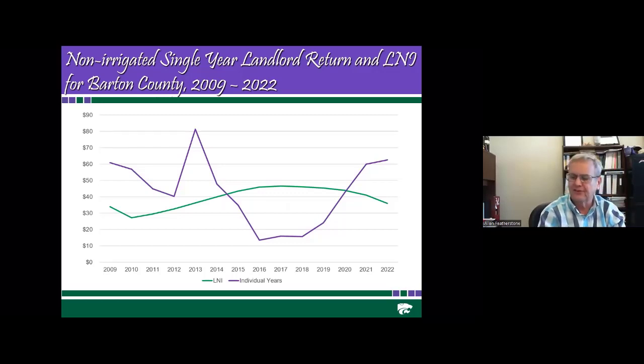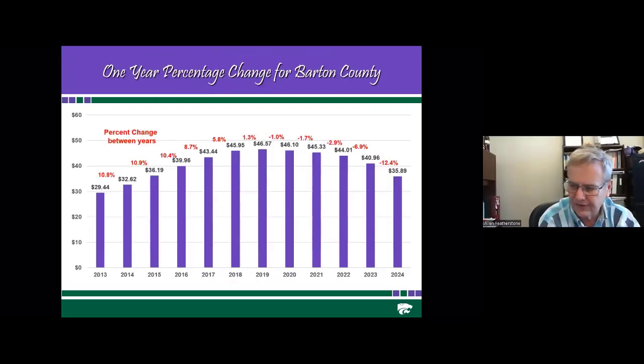In some respects, it's a smoothing effect over that, such that there will be years where the LNI is higher than the actual income, and there'll be years where the LNI is lower than the actual income that farmers received. But again, it's kind of a smoothing process to keep those values moving on a regular basis.